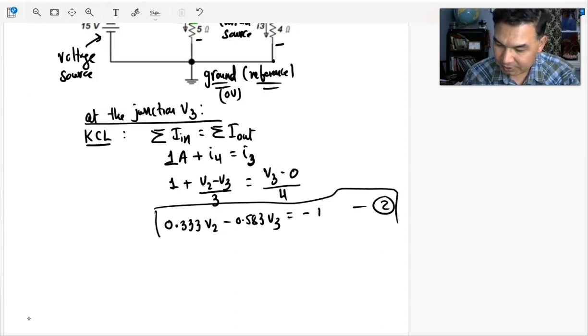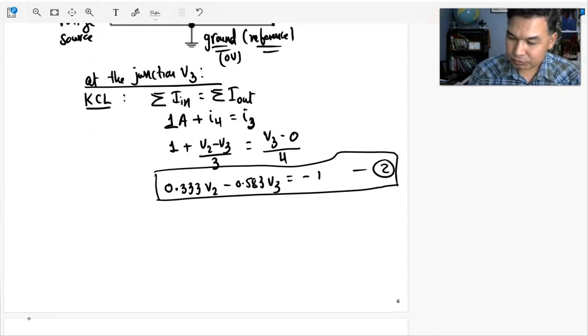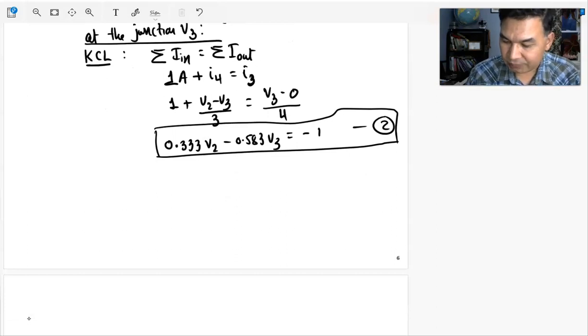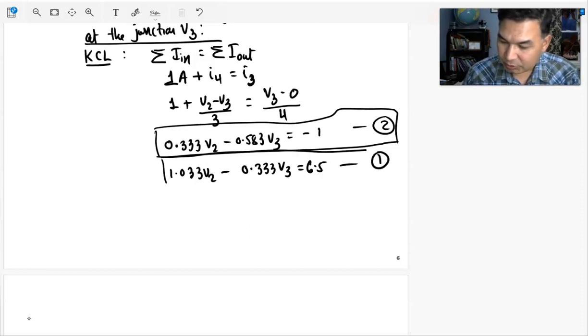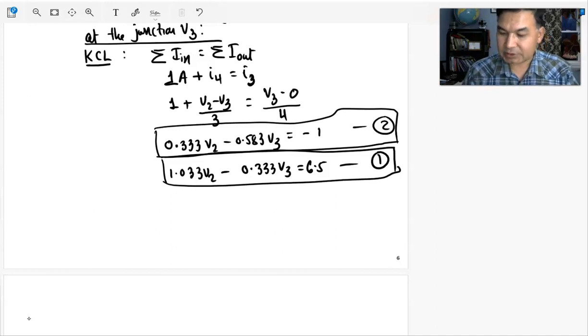Remember, you have two equations, two unknown variables type of problem. So 1.033, let me write down the first equation. That was your equation number 1. And now it's two unknowns and two equations, and you can solve for V2 and V3.